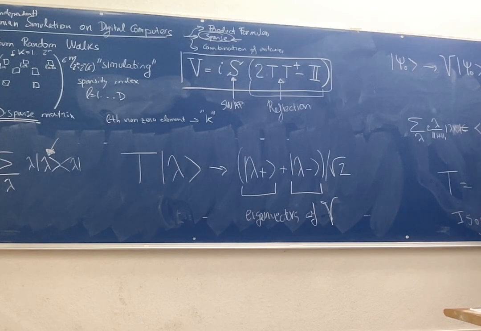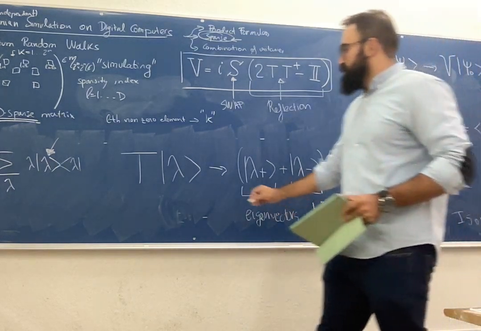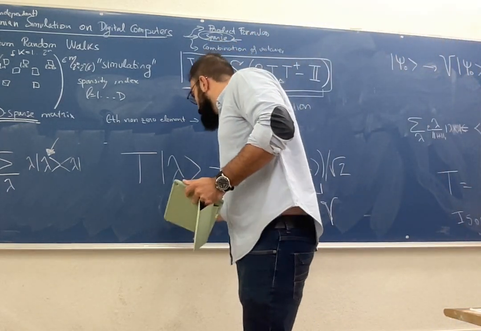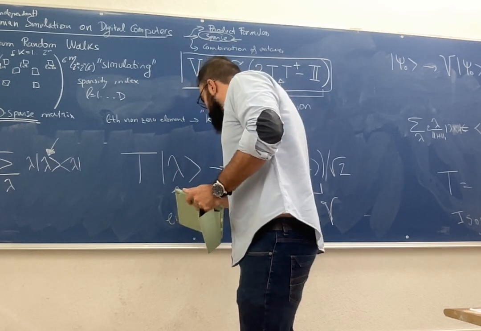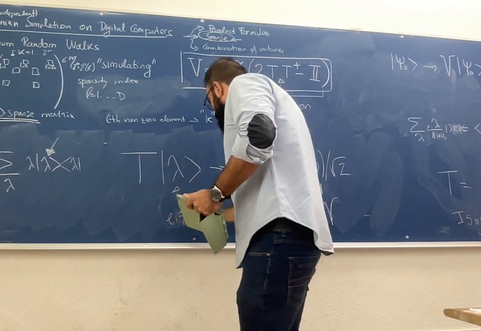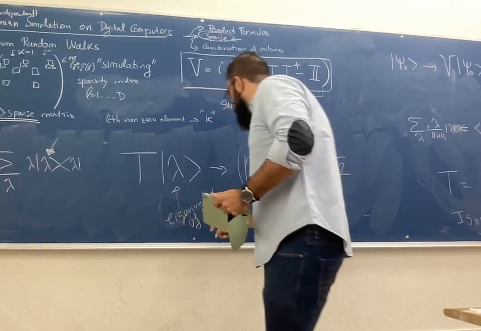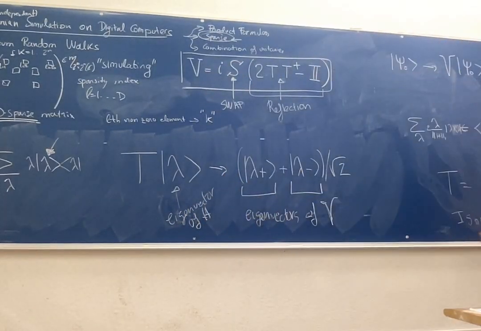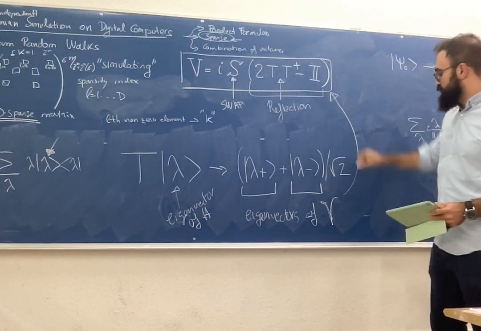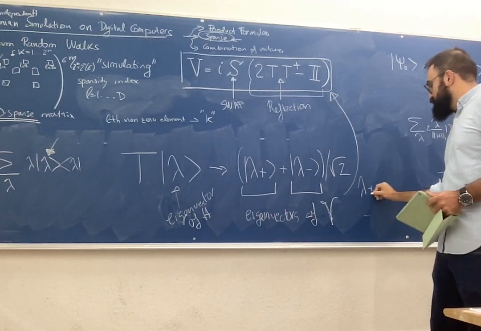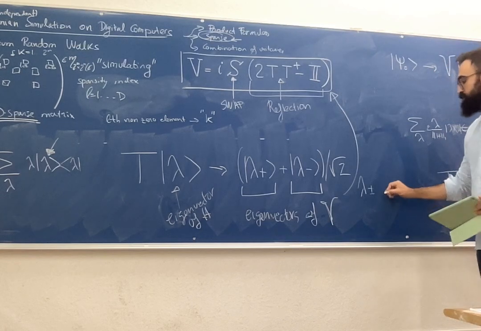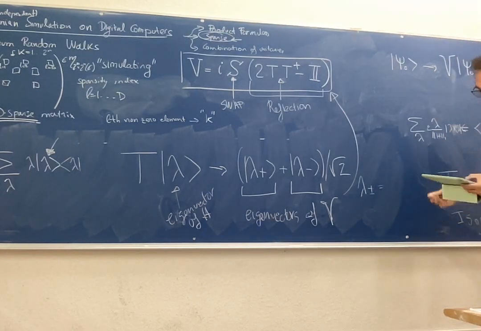So basically, we have that an eigenvector of H is mapped to an eigenvector of the quantum random walk here. And the eigenvalues of these are the following.